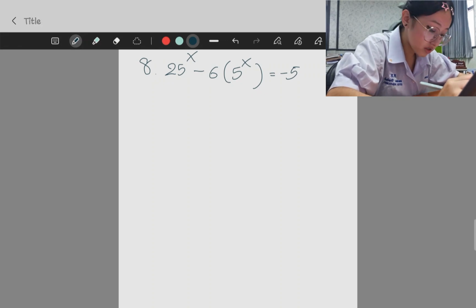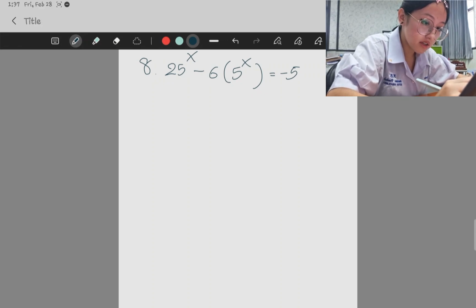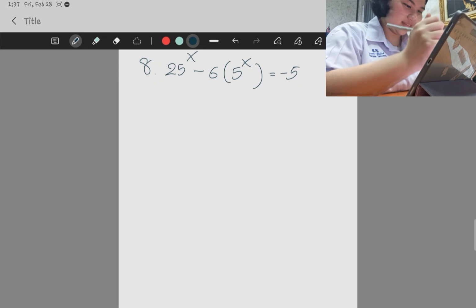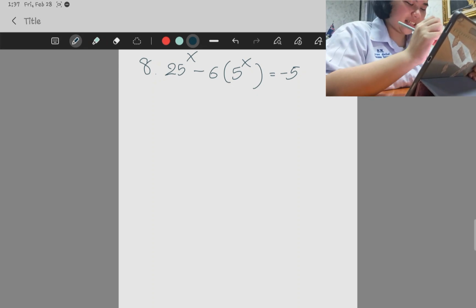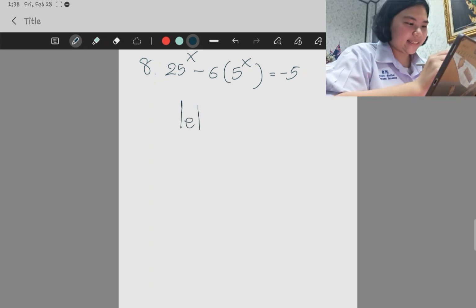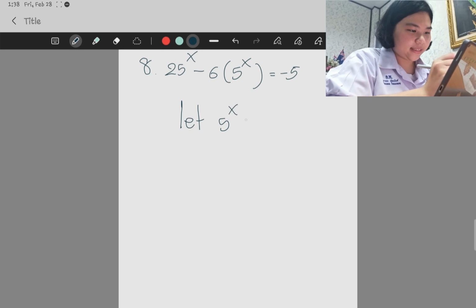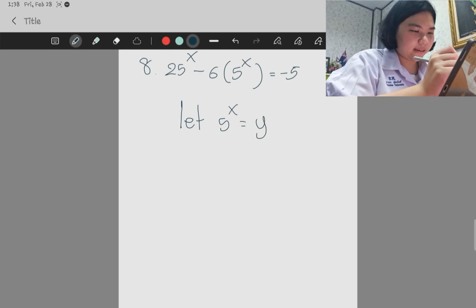Will be explaining number 8. So the question is 25^x minus 6 times 5^x equals negative 5. So I will let 5 to the power of x equal y.